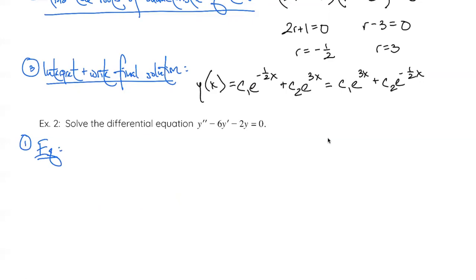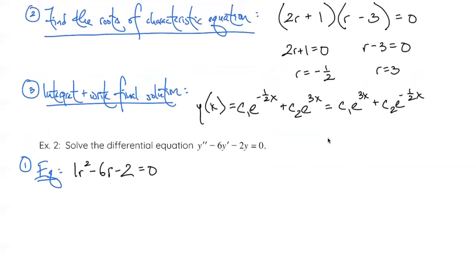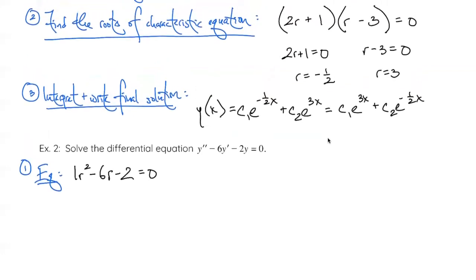B is -6, C is -2. So we could say our characteristic equation is 1r squared minus 6r minus 2 equals 0. You don't have to write the 1, obviously, but in case you were wondering where that came from. And in this case, this does not factor. And so we're going to go ahead and find the roots using our quadratic equation.